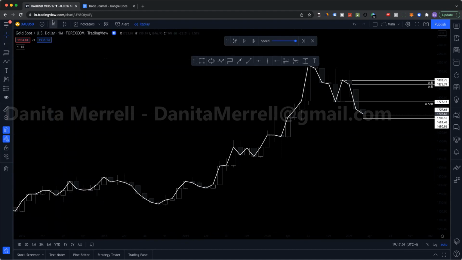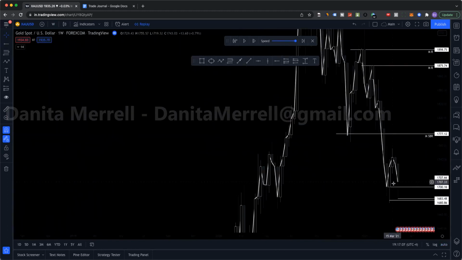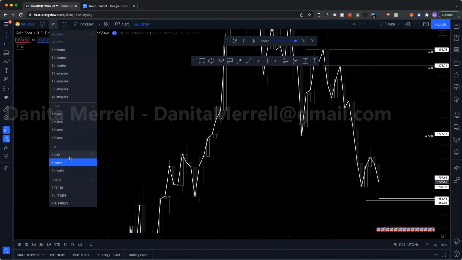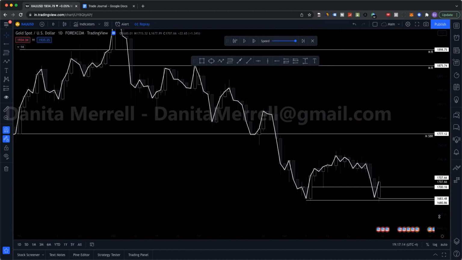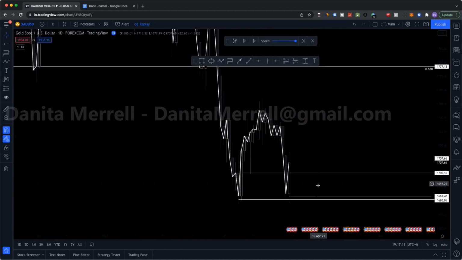So if we look at our weekly, since we're entering off that monthly support, our weekly isn't really showing us anything yet. Let's check out our daily. If our daily is showing us that we want to see higher prices, then we need to assume that weekly is going to be the objective, okay?